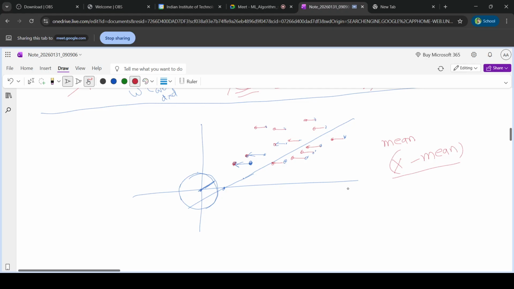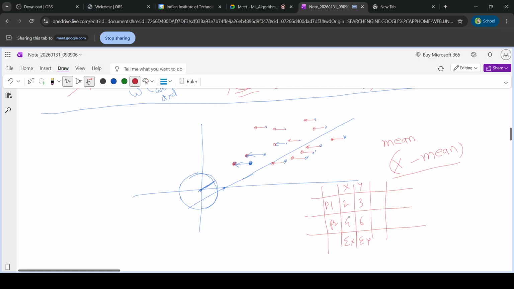You have complete x and y, one table with points like 2 comma 3, 4 comma 6. Then you take the summation of x and the summation of y, and divide by the total number of points.